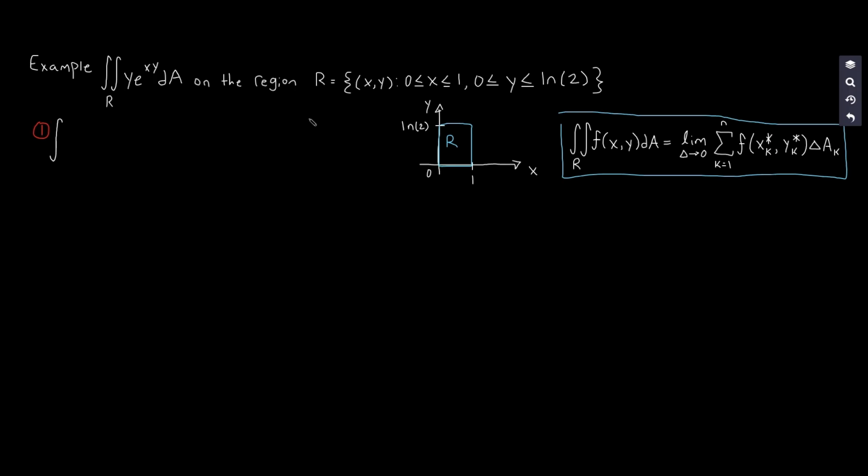So I'm going to set up my bounds of integration, and then I'm going to draw in my second integral, and these are my bounds of integration. And then the integrand stays the same: y times Euler's number raised to the power of x times y.